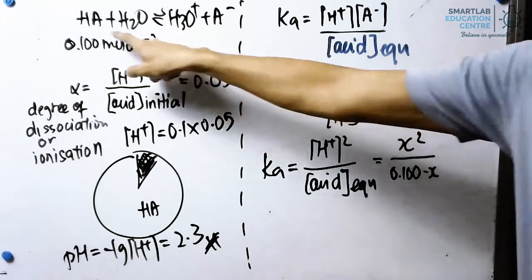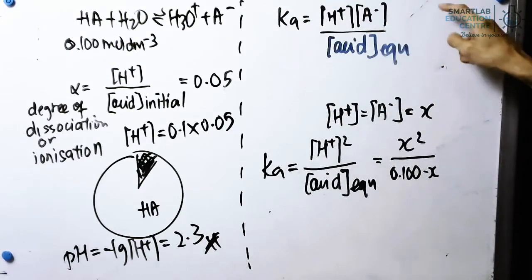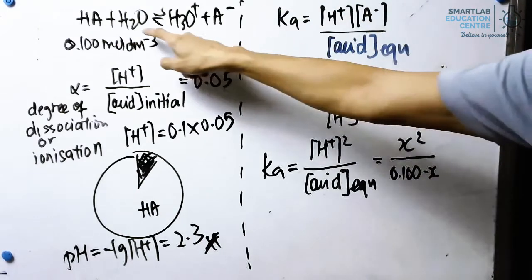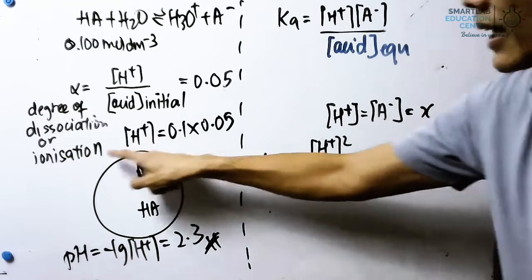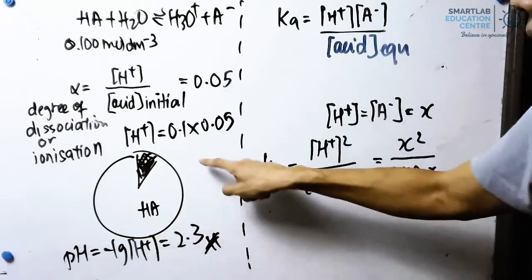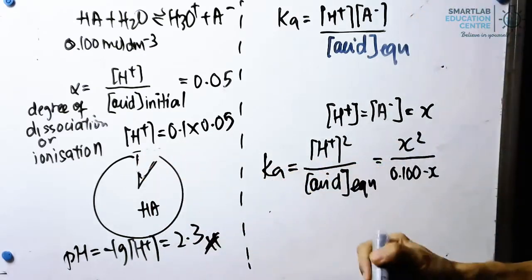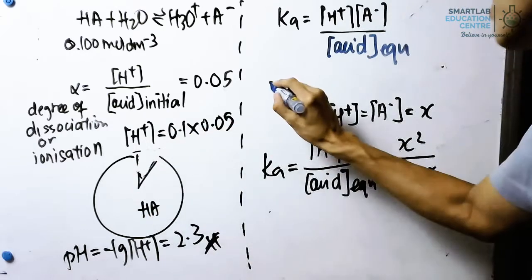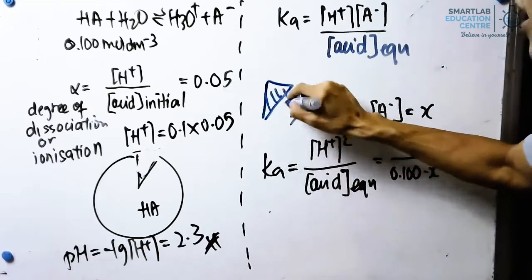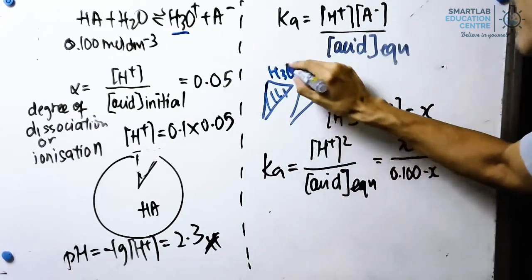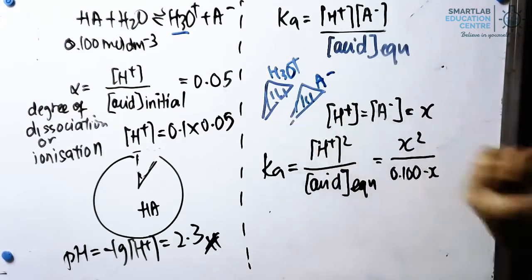So Ka of HA, you can give a Ka expression as follows here. Of course, in this case, we omit water since water is in excess. Understanding that if a certain portion of your acid molecules dissociates, as you can see down here, it will break into two equal chunks, which are your H3O plus and your A minus, which are equal.